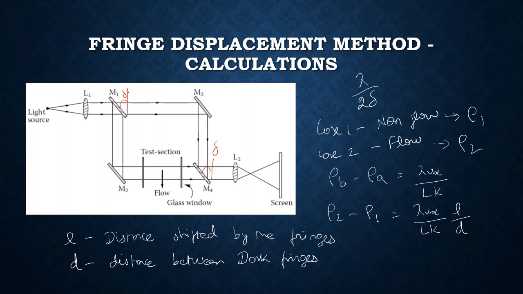Right? So these are the techniques we are going to follow for the fringe displacement method. And if you carry out any kind of flow in supersonic flow conditions, during non-flow condition you have to measure the density, and then during flow condition you have to measure the density. So these two differences in density, you are going to record the shifting.